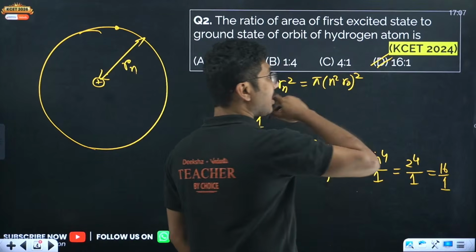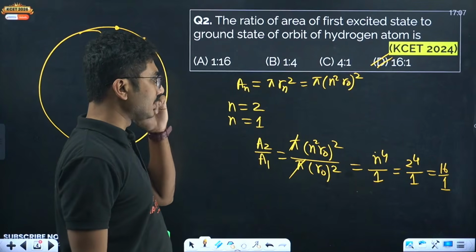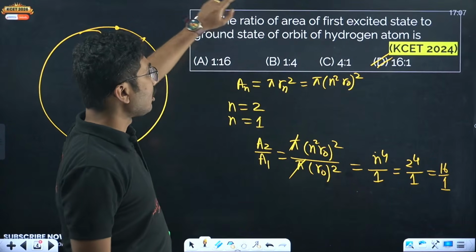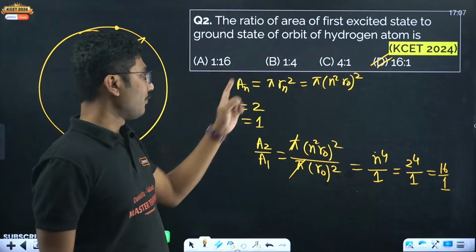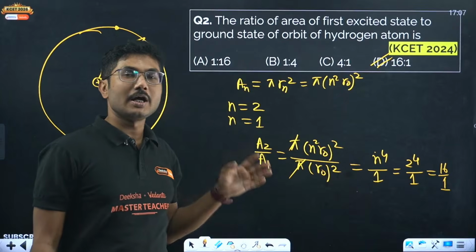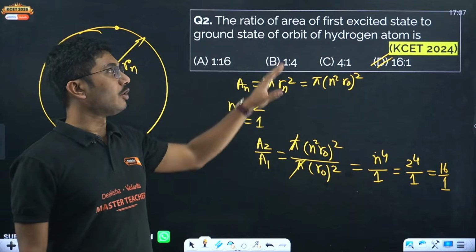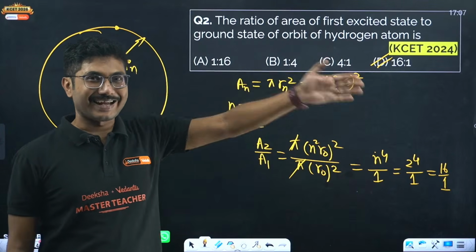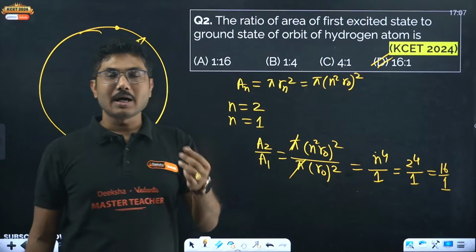So it will be 16:1. Remember the order. It is not 1:16. It is 16:1. Why? Because first excited state to ground state. So whenever you are solving a ratio based question, make sure whatever order is given in the question, first, second, the same order has to be followed, first, second in the answer as well.